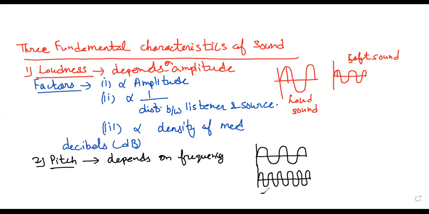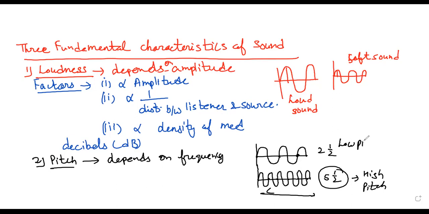Now see, the time is the same in both waves. Here how many waves were generated? 1, 2 and 2.5, right? And here 1, 2, 3, 4, 5, 5.5. The time is the same, so this sound will have high pitch, because of high frequency, and the other will be of low pitch. This is the meaning of high pitch and low pitch. It depends upon frequency.